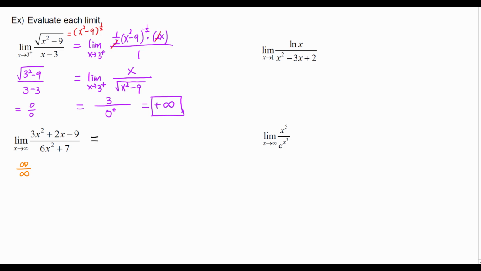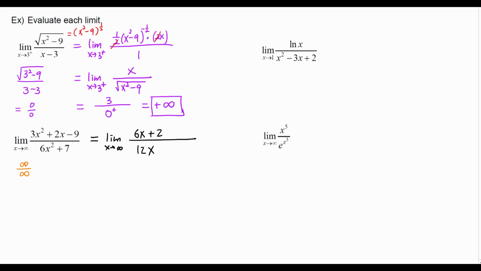And this will be equal to the limit as x approaches infinity of the derivative of 3x squared, which is 6x, the derivative of 2x is 2, the derivative of negative 9 is 0, the derivative of 6x squared is 12x, and the derivative of 7 is 0.